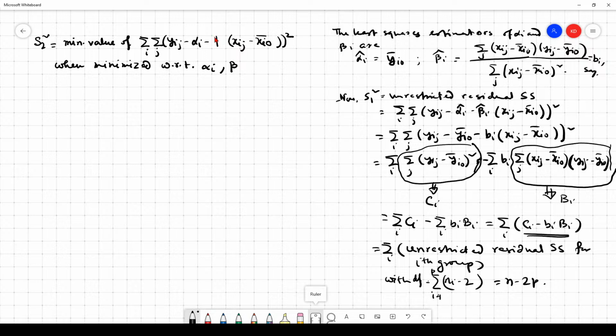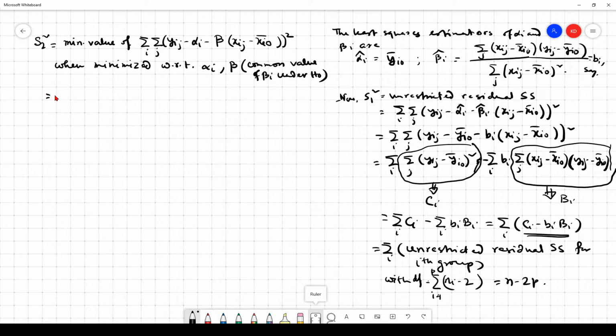So instead of beta i I write beta, which is the common value of beta under H naught.